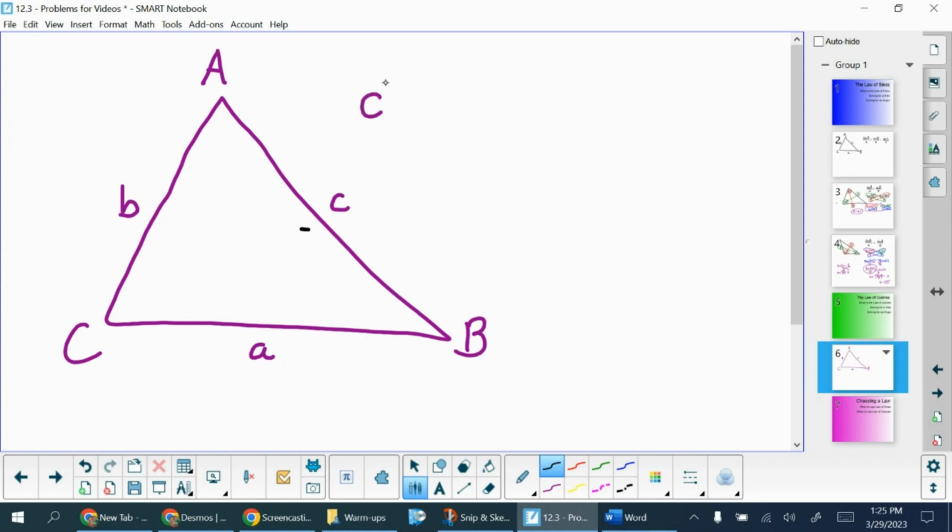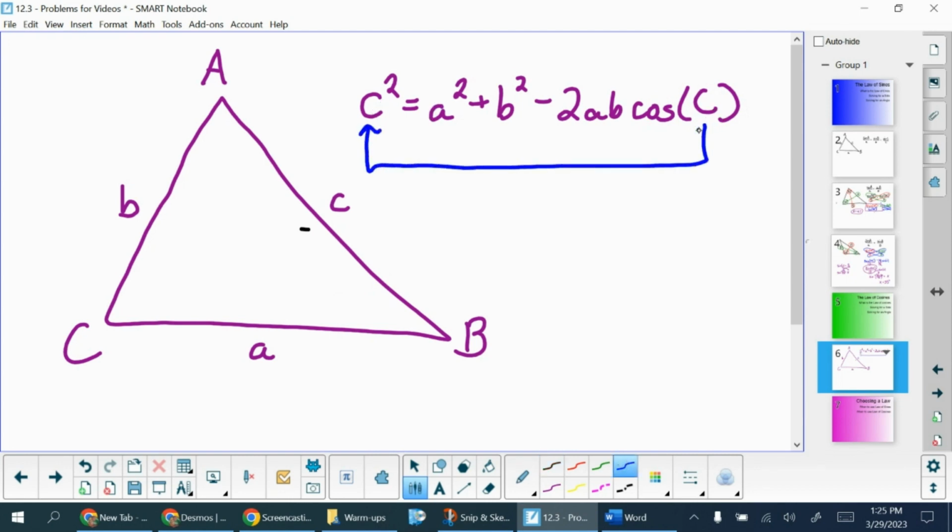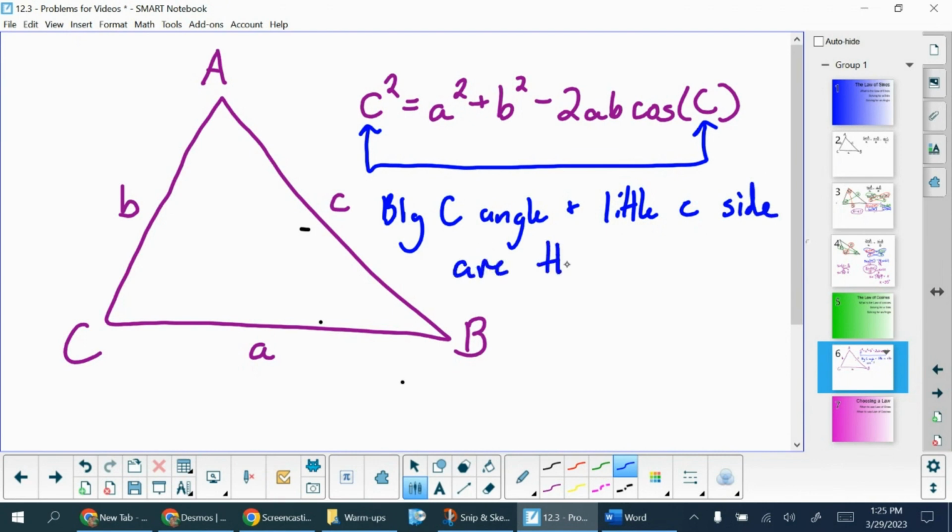So our formula goes c squared equals a squared plus b squared minus 2 times a times b times the cosine of angle C. Now there are really two important things that we have to know here. The first being that these two here, big C angle and little c side, are the only things you can solve for.